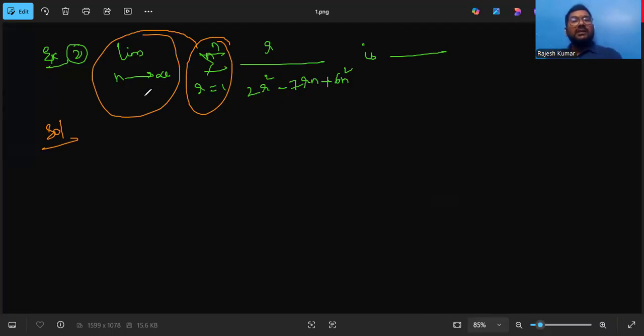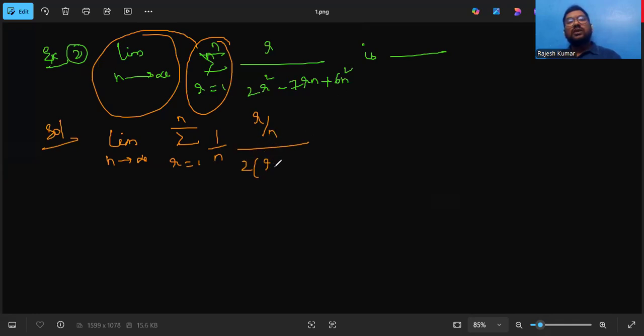So it can be written as the limit as n tends to infinity of the sum from r equal to 1 to n, indirectly divided by n square. 1 n is here, 1 n is here. It's 2 into r by n whole square minus 7 into r by n plus 6.